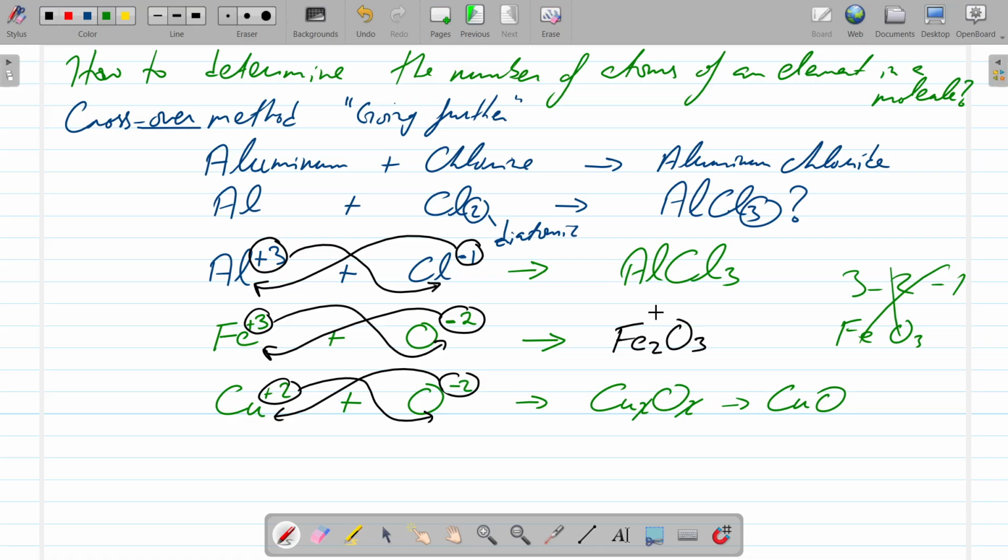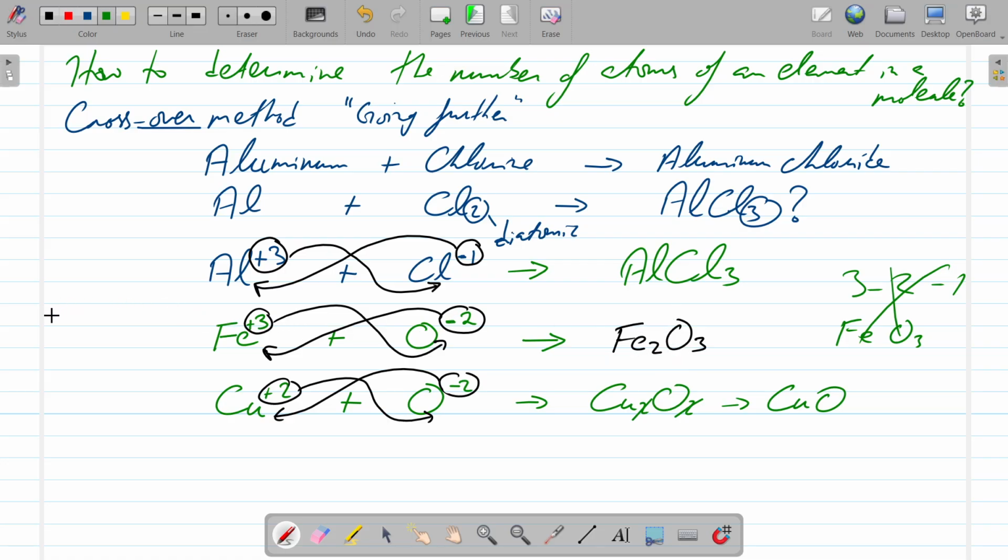Iron is giving up 3 electrons in this case. Oxygen can only accept 2, right? So iron gives up the 3 electrons, oxygen is only accepting 2. What's going to happen to the third one? It's left behind. No, it's not. You can't have electrons moving about. So what's happening over here?